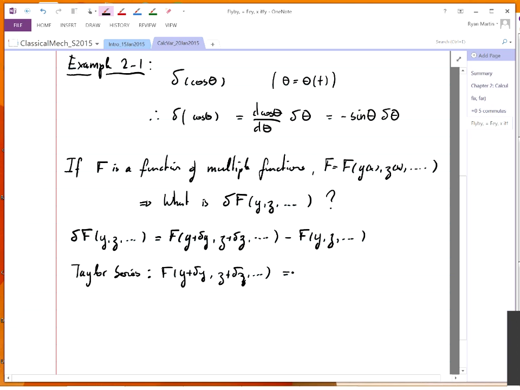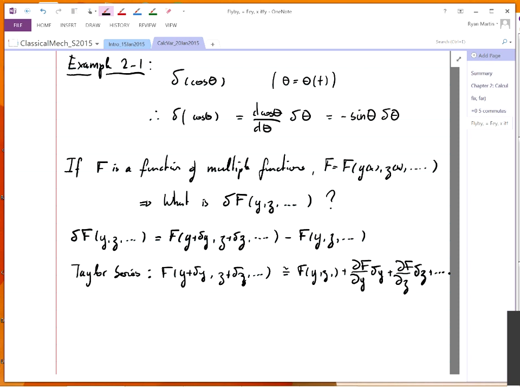So if I'm going to do a Taylor series evaluated at y, z, etc., that's going to be roughly equal to f evaluated at y and z, and then it's going to be a partial derivative, ∂f/∂y delta y plus ∂f/∂z delta z, etc. And then for all the variables, and then second order terms as well.